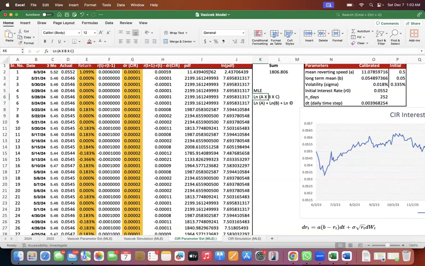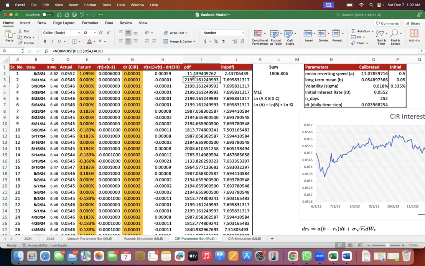When we take the PDF, we have to multiply each of them, and when we multiply each of them, the estimator will be very big. That's why we thought of taking the log instead of doing a times b times c.